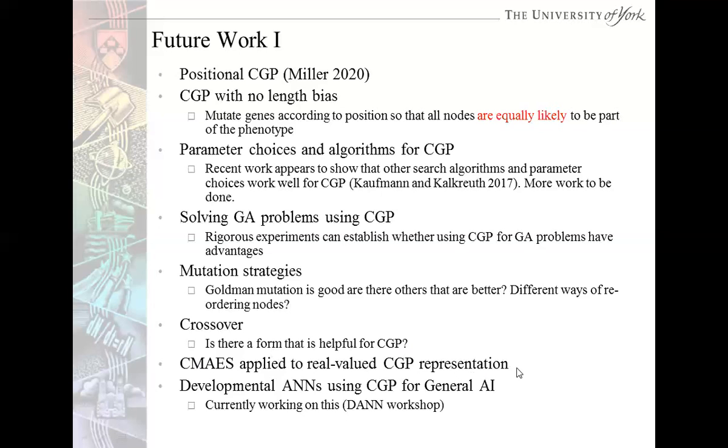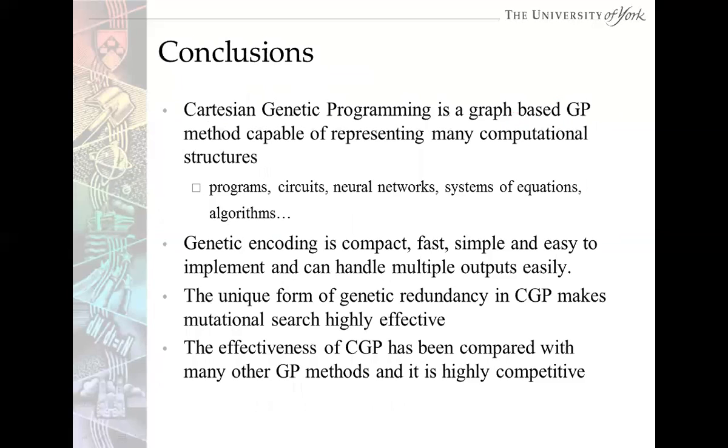That would be interesting. And I'm currently working on, as I've mentioned earlier, using CGP to evolve the programs inside dendrites and neurons, so it builds a brain-like structure which solves multiple problems. In other words, general AI. There's a lot going on there.